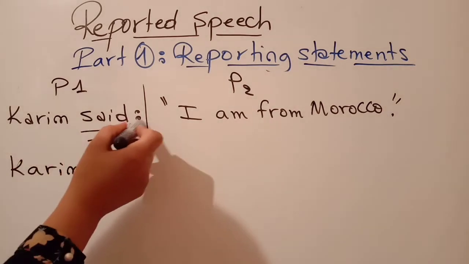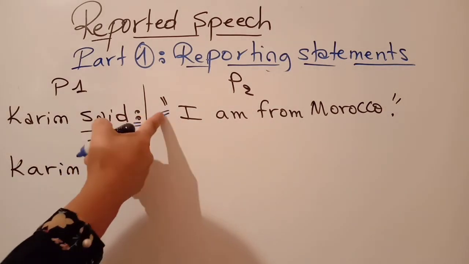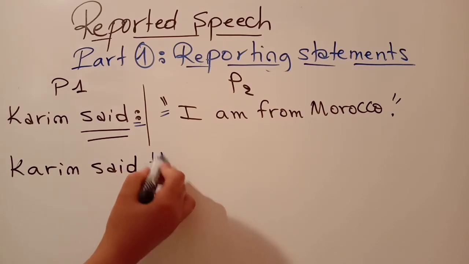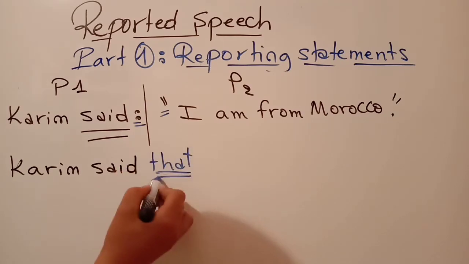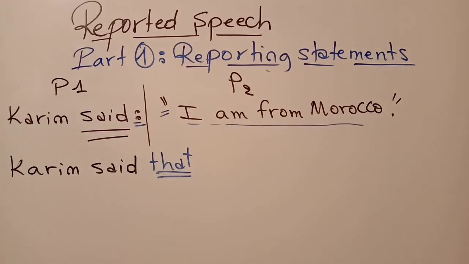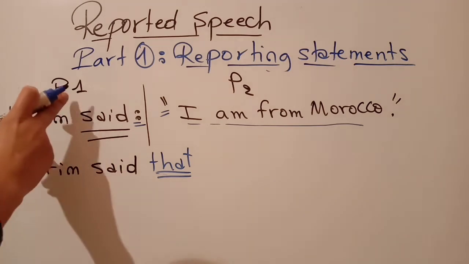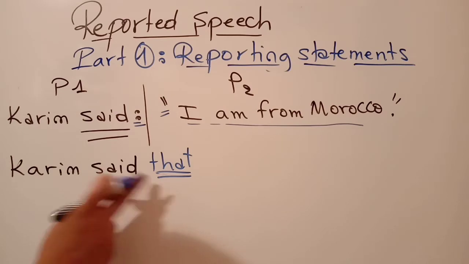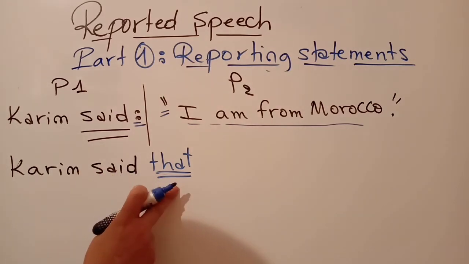Of course, we are going to remove the colon and the quotation marks and replace them with that. Why that? So here we have a positive sentence. So when we have a positive and negative sentence, we link part 1 and part 2 with that. Clear? So Karim said that.